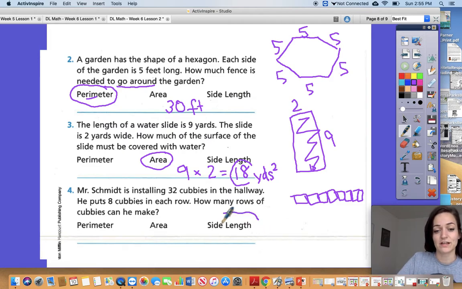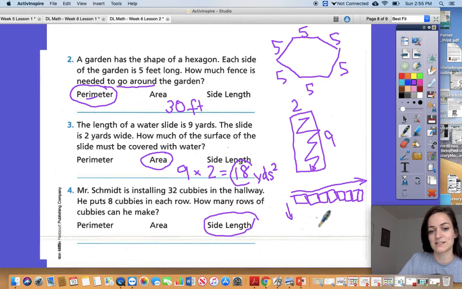For this one, you're finding the side length. I know that it's going to go 8 across. This is how he's setting up his cubbies, but I don't know how many rows he's going to make going down. He has 32 to do, so he has 8. If I draw 8 more, how many do I have? 16, right? And then if I draw another 8, how many do I have? 24, and then I've got to keep going till I get to 32.